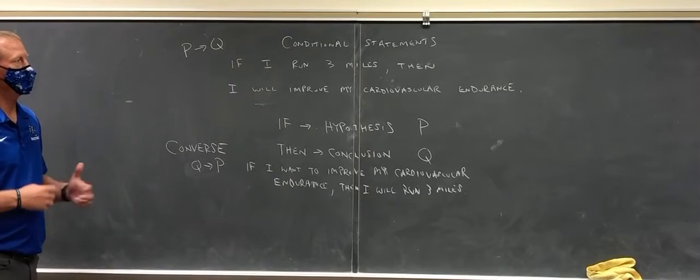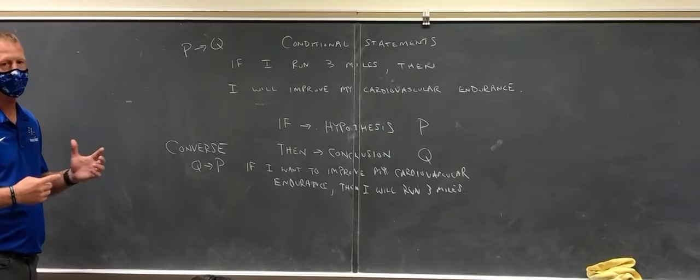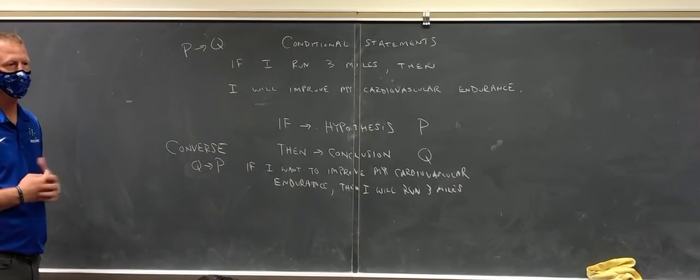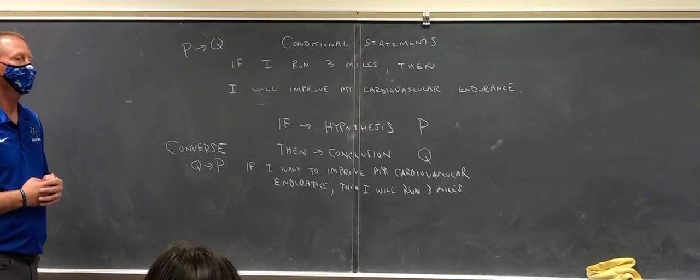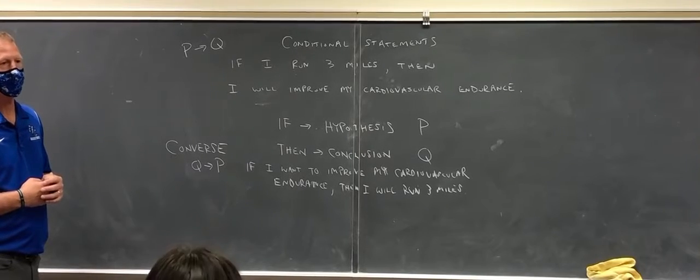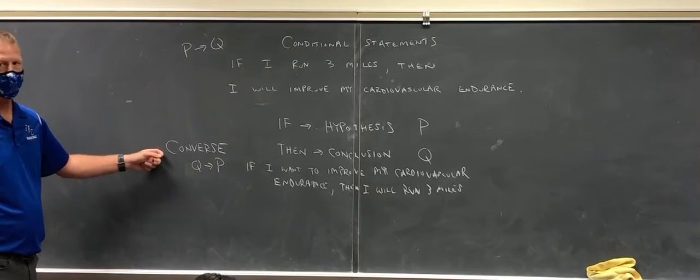So as you're manipulating the sentence, you may have to adjust the verb tense to make it sound correct. Okay, so it is a little bit of an English lesson today. All right, converse, everybody good with converse?